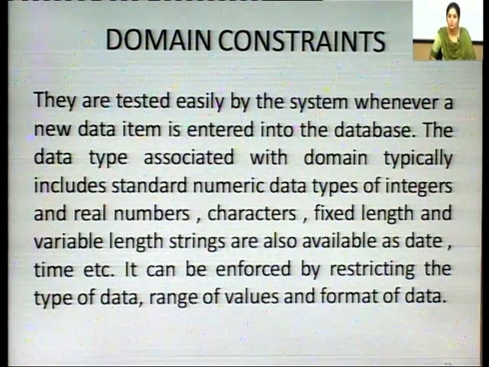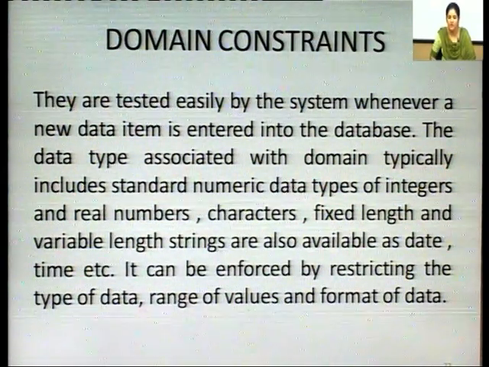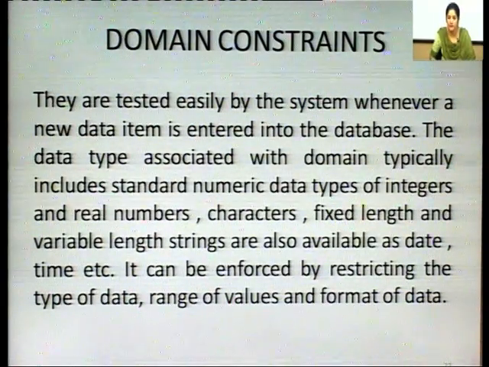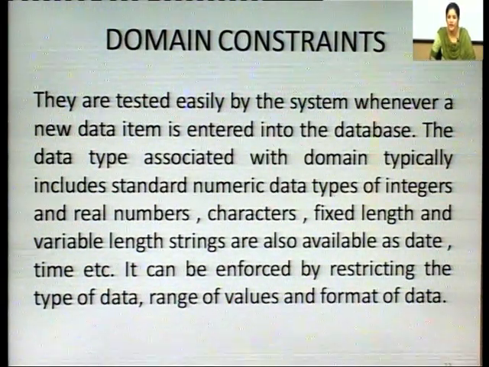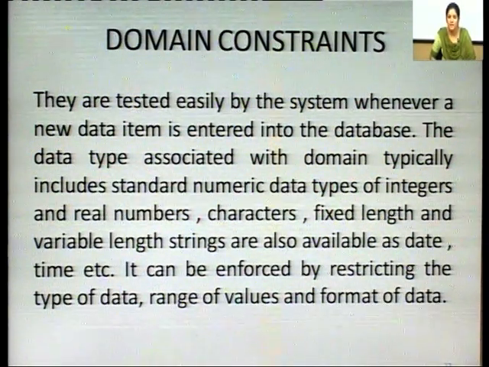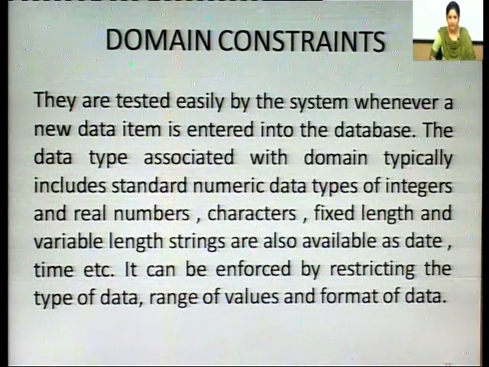The data type associated with a domain typically includes standard numeric data types of integers and real numbers. Characters, fixed length and variable length strings are also available, as are date, time, etc. It can be enforced by restricting the type of data, range of values and format of data.